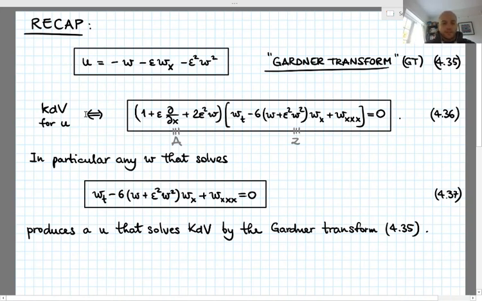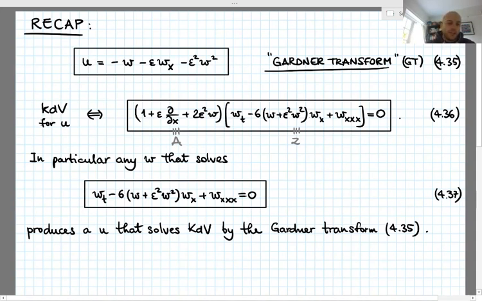And in particular, we saw that it follows immediately that any W that solves the equation obtained by setting the quantity in square brackets in equation 4.36 to 0, which is equation 4.37, automatically solves 4.36, because the differential operator A is linear.